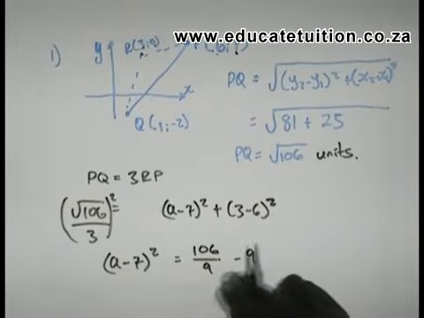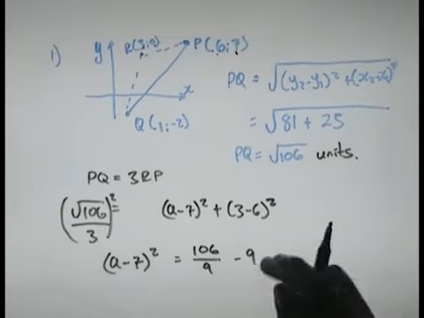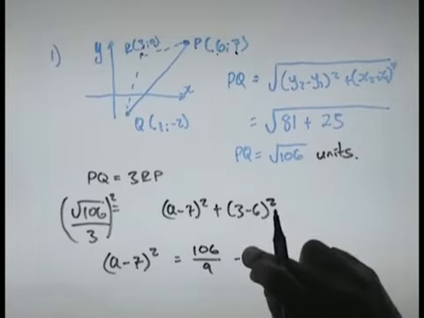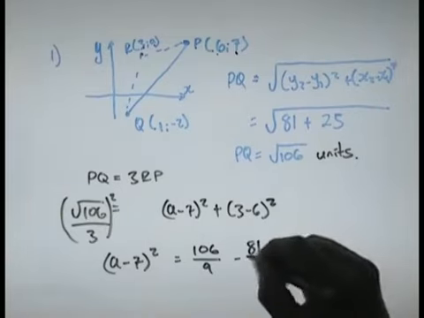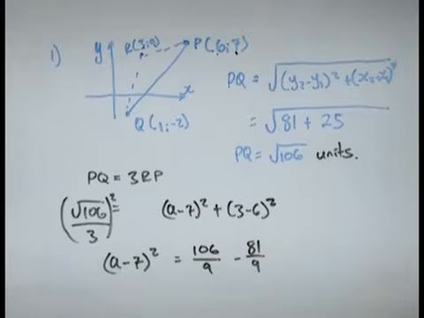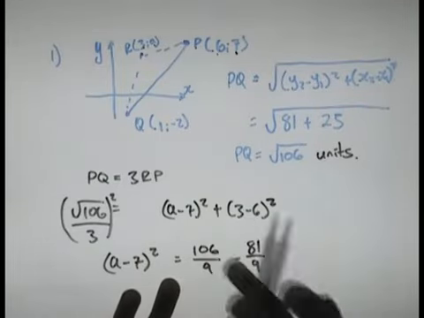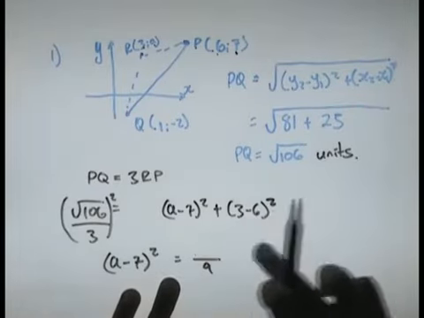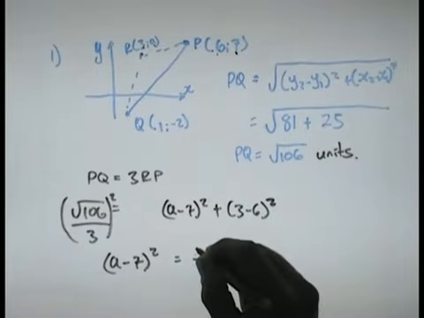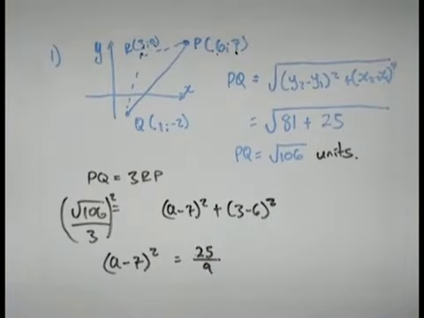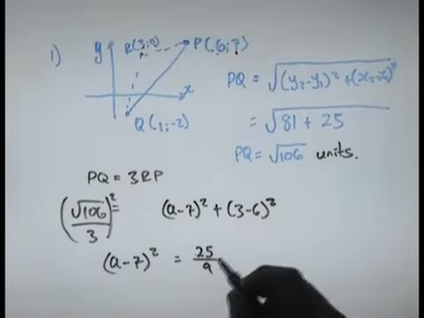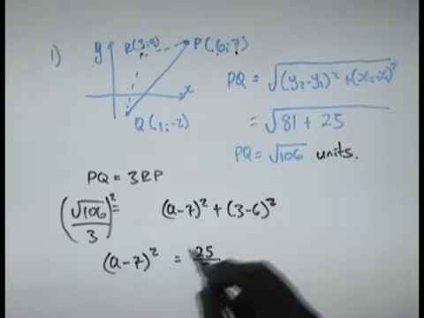Get this to a common denominator so we can add and subtract. Instead of saying -9, I'm going to say -81 over 9, which is the same as -9. 106 minus 81 over 9 means that I can work it over a common denominator. 106 minus 81 is 25. That means that (A minus 7) squared is equal to 25 over 9.